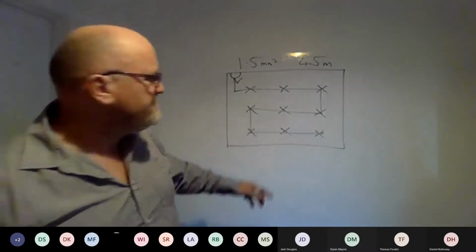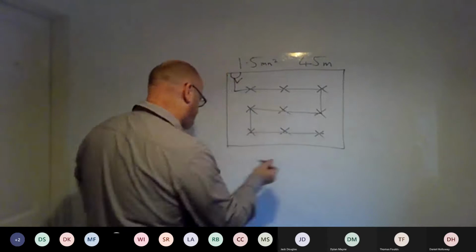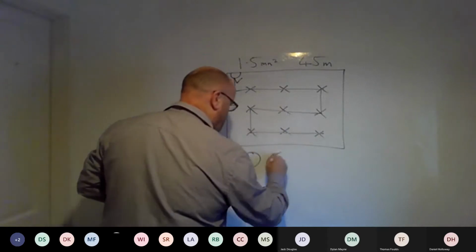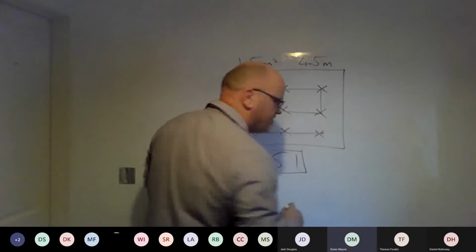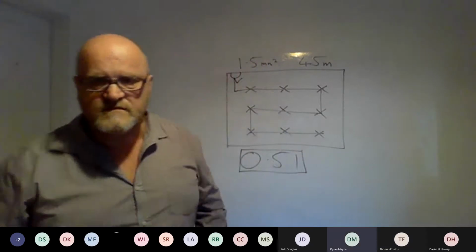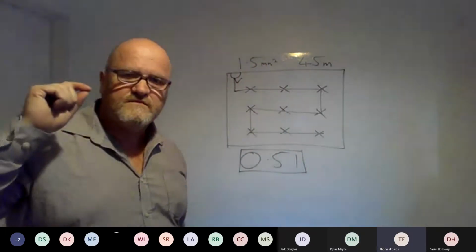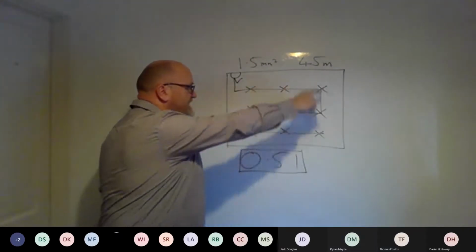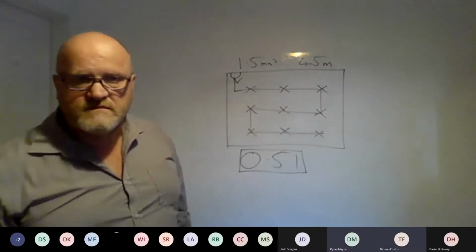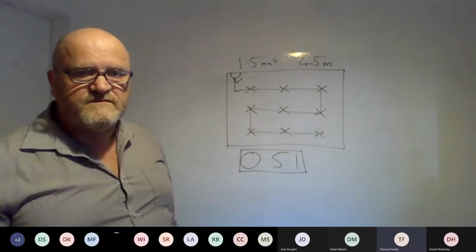So when I test it and I get 0.51 on a meter, am I happy? Yeah. Why? Because that's what it should be. And what does it tell me about all the connections? They're tight and secure.